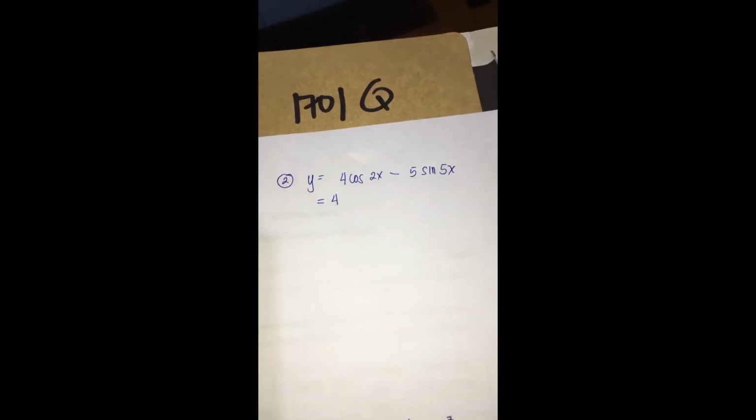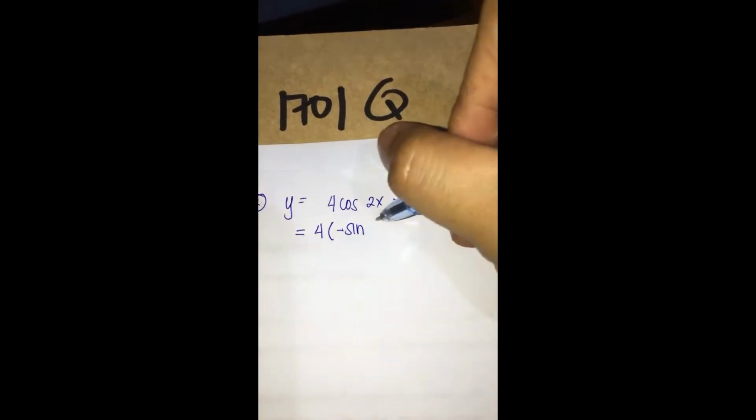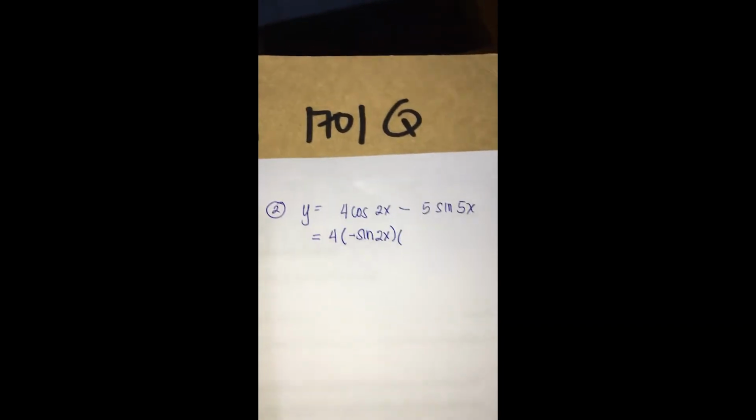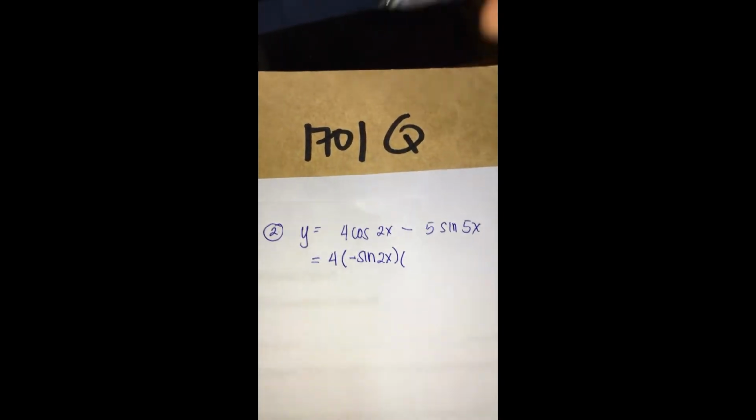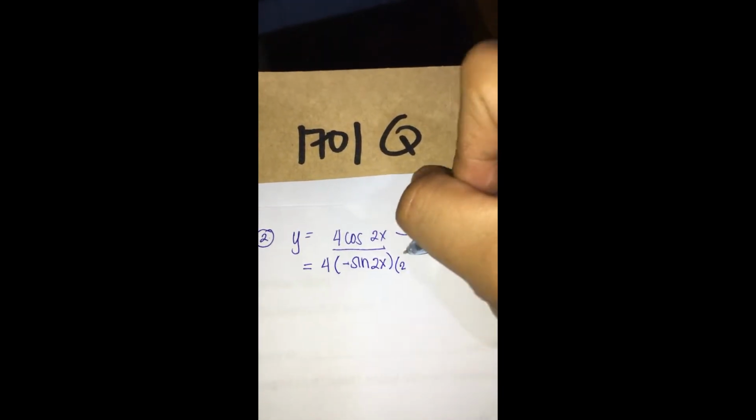Next, get the derivative of cos 2x. The derivative of cos, look at these derivatives. The derivative of cos is negative sine. So the derivative of cos is negative sine. What do we do with the base? Just copy. Next, we are going to multiply the derivative of your base. In this term, your base is 2x, and the derivative of 2x is 2.